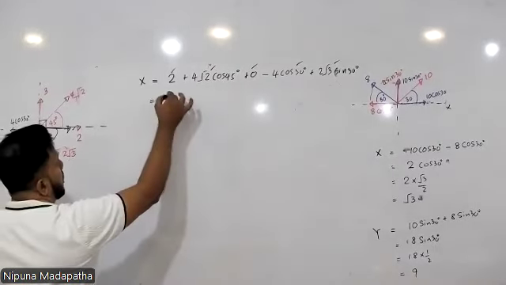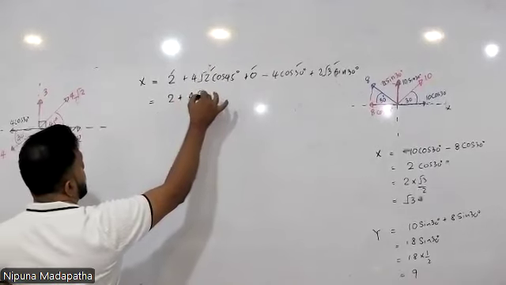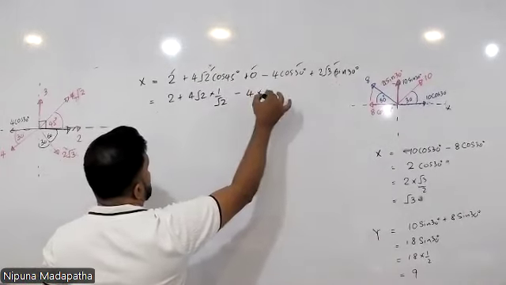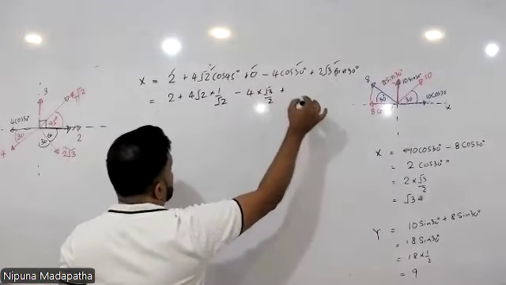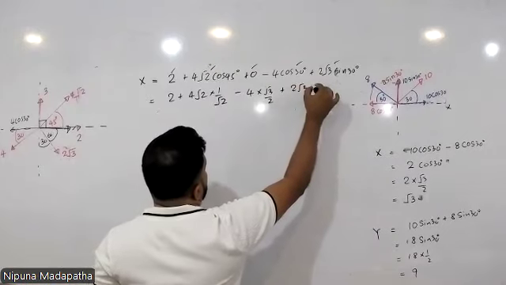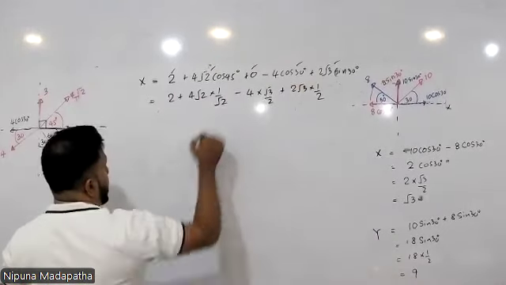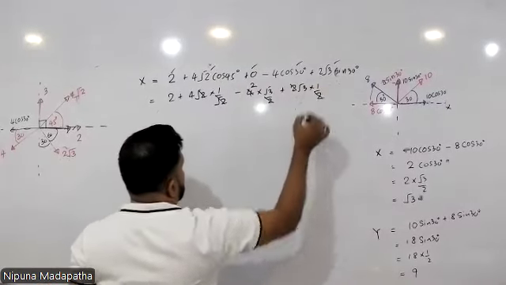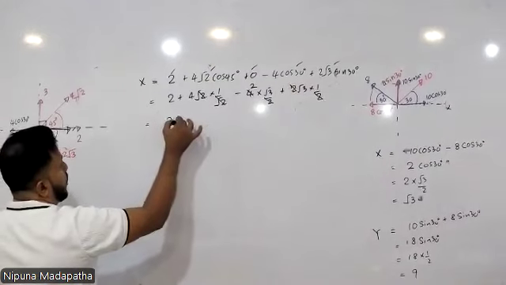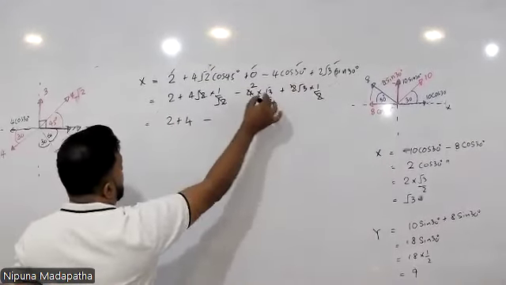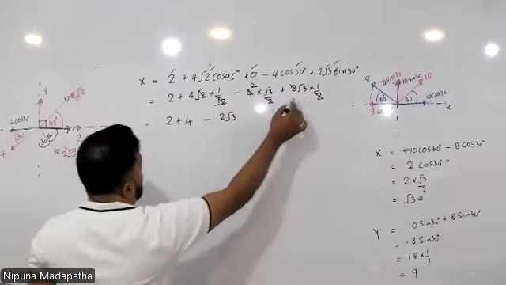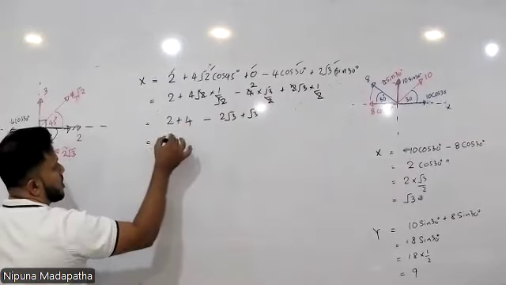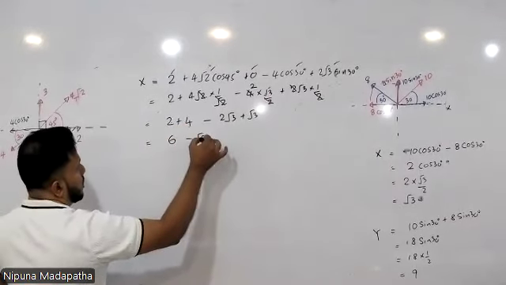Now resolve. Now get the sum of the system. Half minus cos 30, which is root 3 over 2, times 2 root 3. That gives 2 plus 4 minus 2 root 3 times root 3... 2 plus 4 is 6 minus root 3.